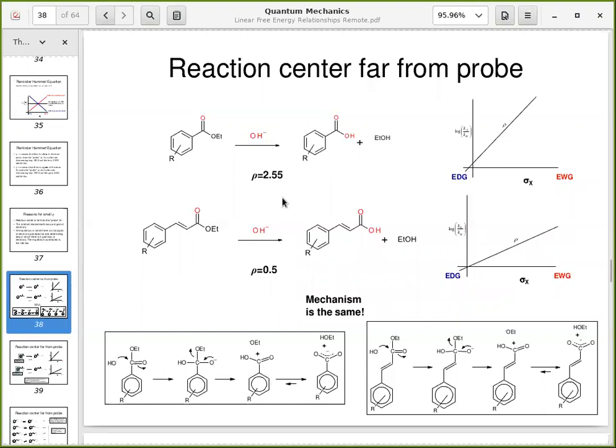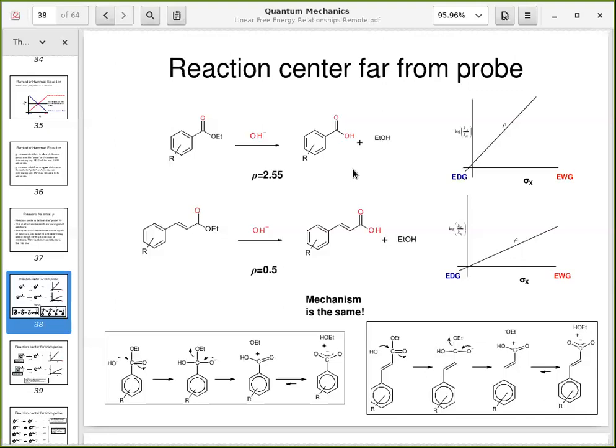This is base catalyzed hydrolysis of esters. And if I take a whole set of esters, like paramethoxy, metamethoxy, metachloro, through to metanitro and paranitro benzoate esters, and I look at the base catalyzed hydrolysis, as before, when I plot all of those on a Hammett plot, I'll get a large positive slope, and the slope will be 2.55.